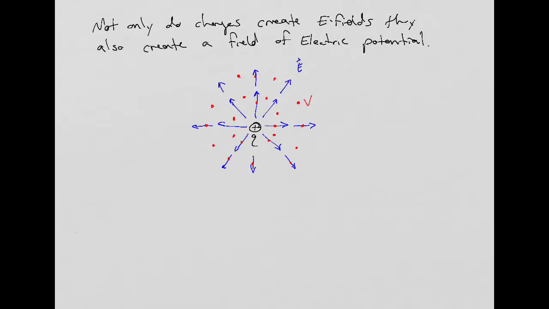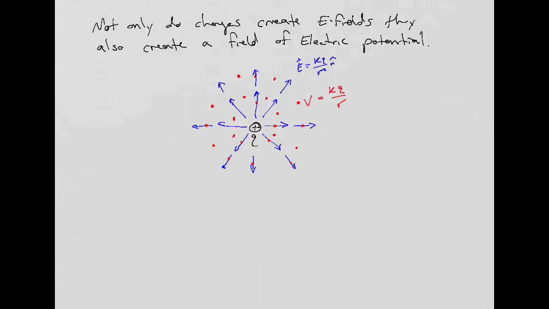And that scalar represents electric potential, KQ over R. Whereas for electric field, you have KQ over R squared, R hat. Now, what is a scalar field? A field full of scalar quantities.